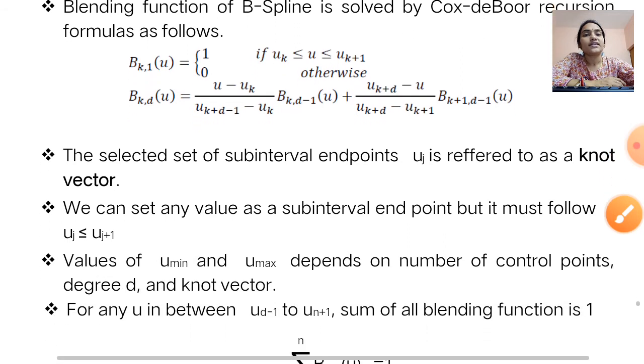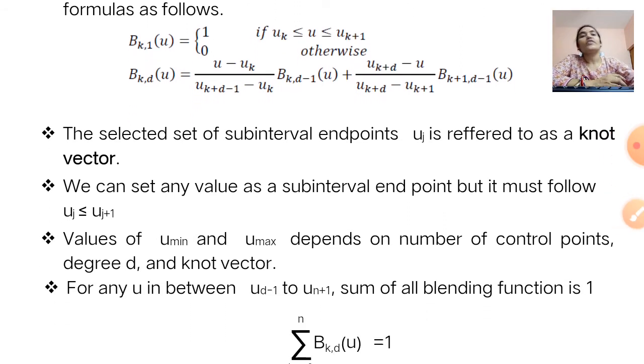Now the selected set of sub-interval endpoints u is referred to as the knot vector. That means the points which are used to design the curve are known as the knot vector. We can set any value as a sub-interval endpoint, but it must follow u_j less than or equal to u_{j+1}.